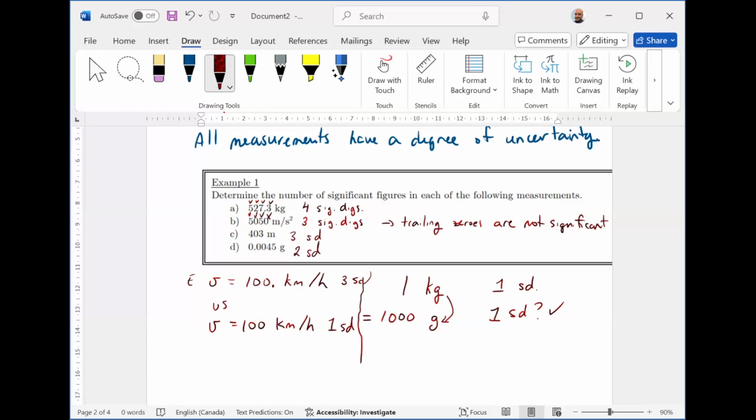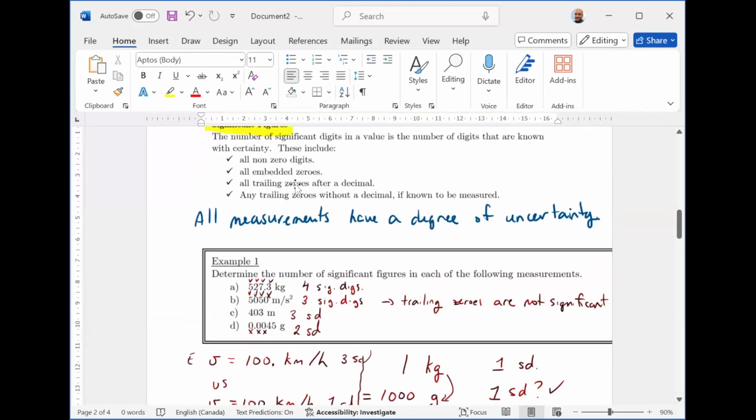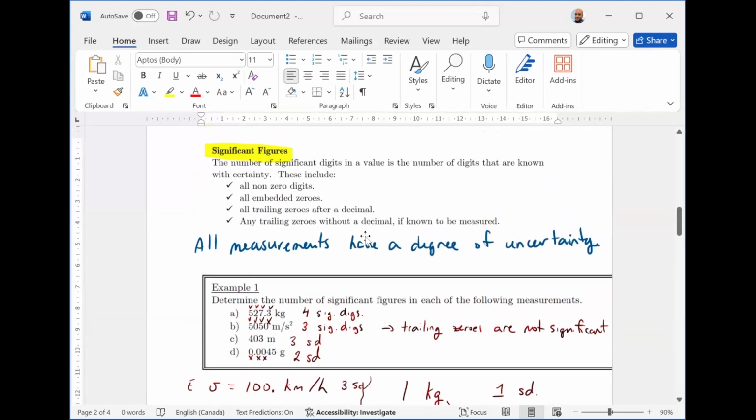The reason being is that leading zeros don't do anything for our certainty. They don't give us more precision or more certainty. It's only going to be on the decimal side, any non-zero value. Now, this would be different if this was a 1 or a 2, if you started off with some non-zero value. But if you go back and take a look here, actually, I didn't even include it here.